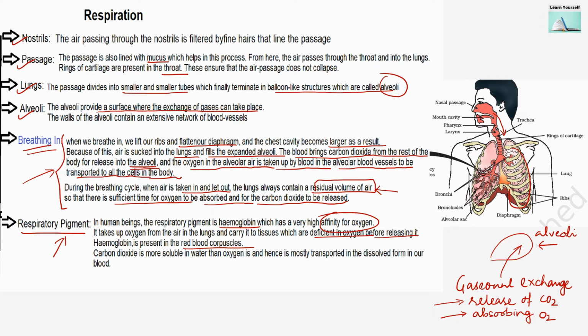Now carbon dioxide is more soluble in water than oxygen and hence is mostly transported in dissolved form in our blood. So in blood, water is there and carbon dioxide will get dissolved into the water of the blood and it will come back to the lungs to get released from the nostril.